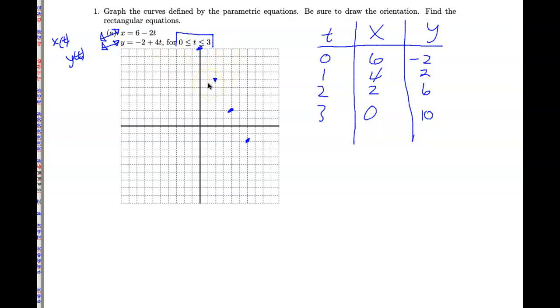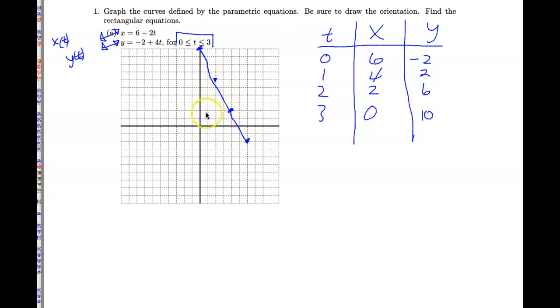Okay, so we just plotted those points. We can tell that if we were to plug in like a half or 3/4, the pattern that we're seeing is that it's going to start here and go up, and it stops at that ordered pair (0, 10).